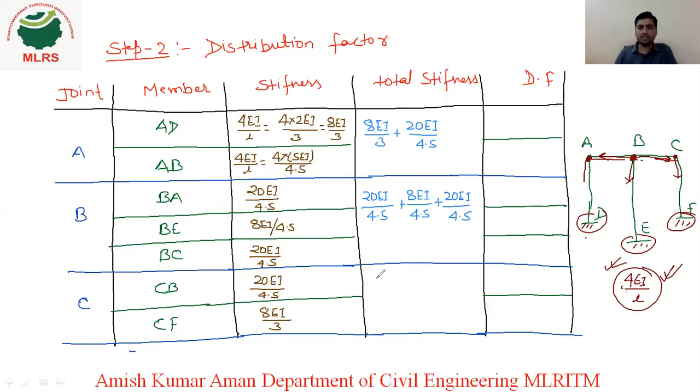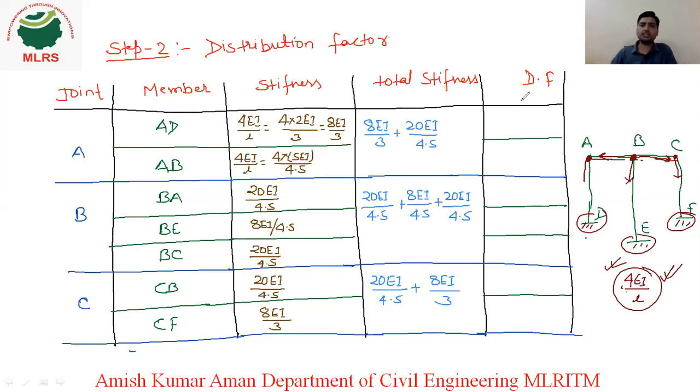Similarly, here you will calculate the total stiffness, then it is 20EI upon 4.5 plus 8EI upon 3. So this is your total stiffness, but you need to calculate it, okay? Simple calculation is this, taking LCM and then calculating total stiffness.